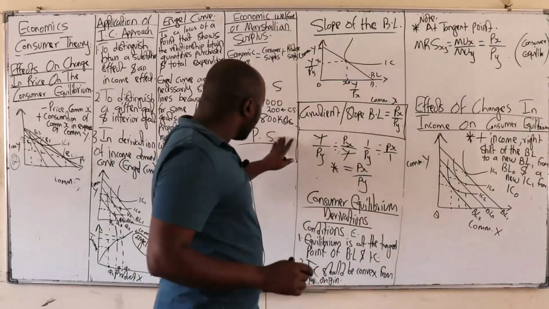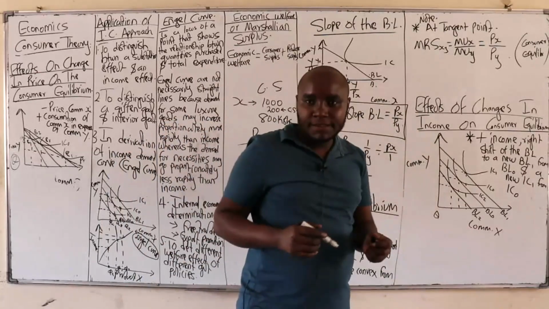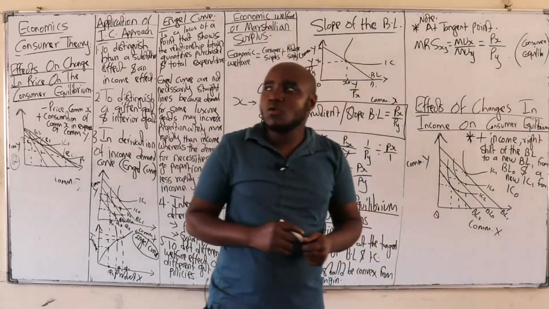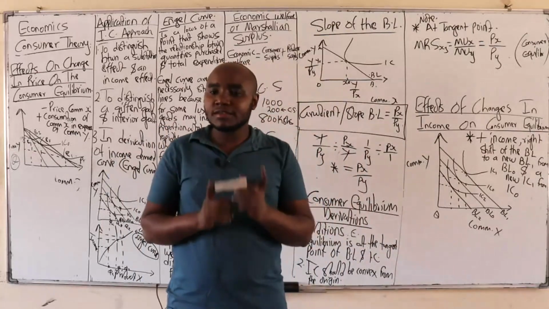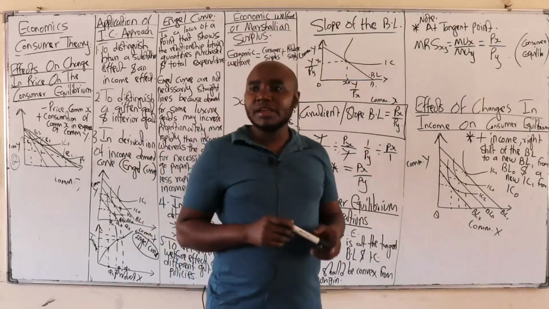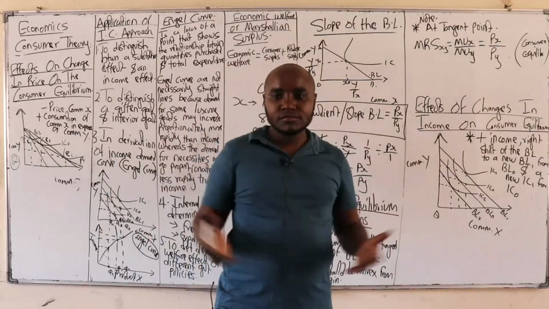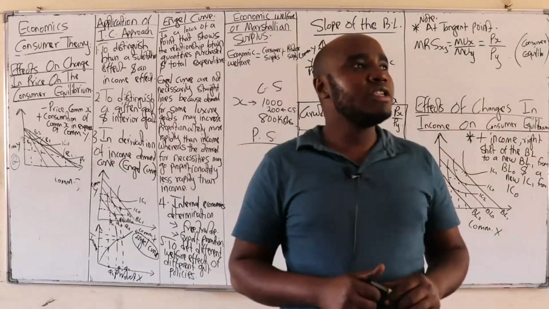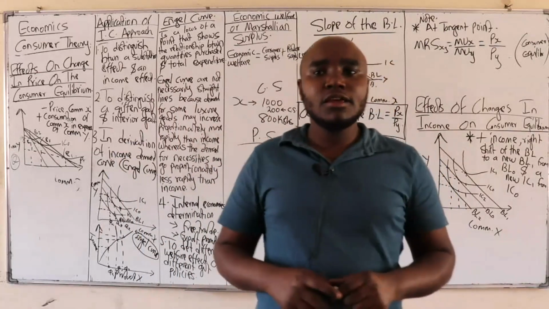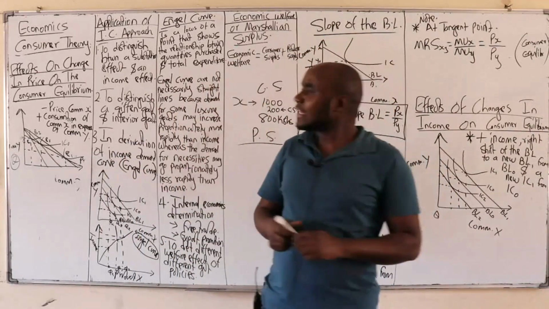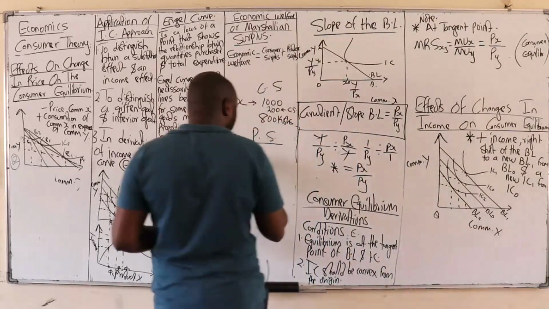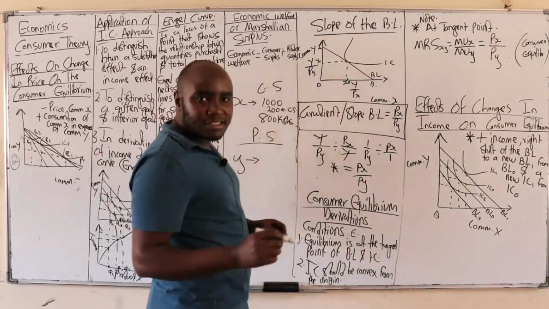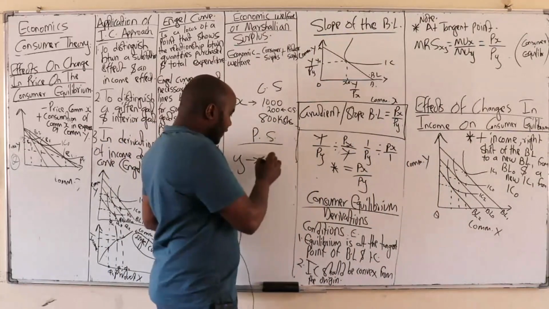It's like you are producing something, probably pens, or let's just generalize and say you are producing a commodity Y, and to your thinking, you will sell it at probably 500 Kenyan shillings.